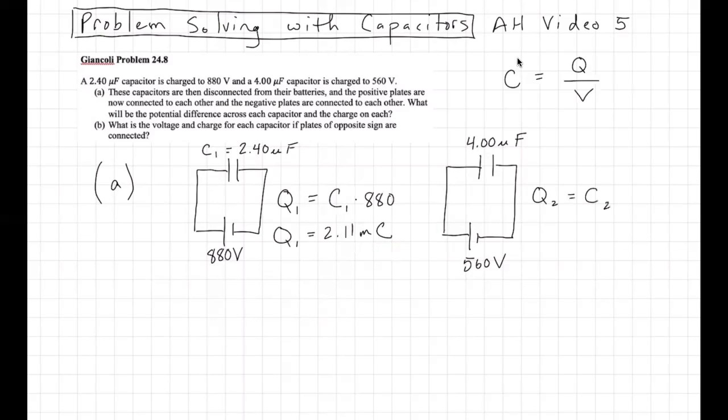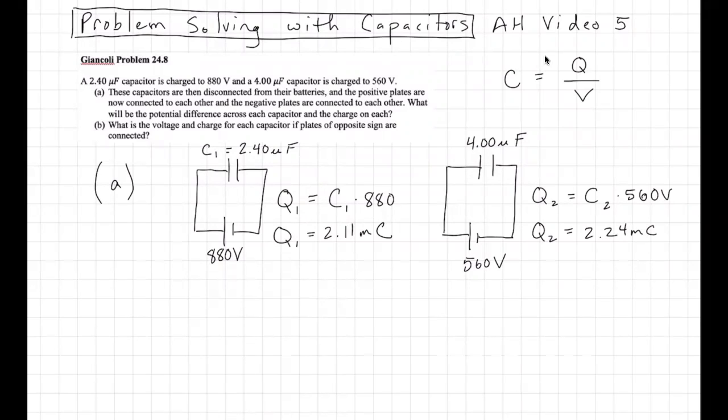That's equal to the second capacitance times 560 volts. And if you do this, I think you get that Q2 is equal to 2.24 millicoulombs.